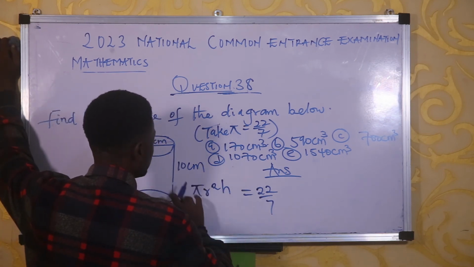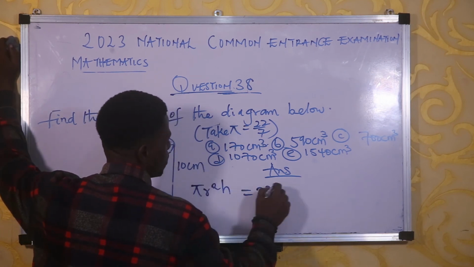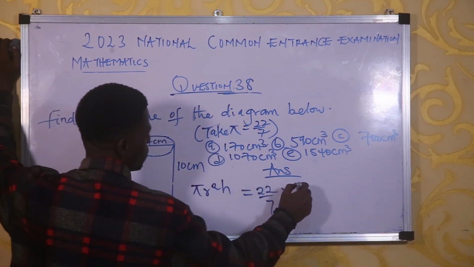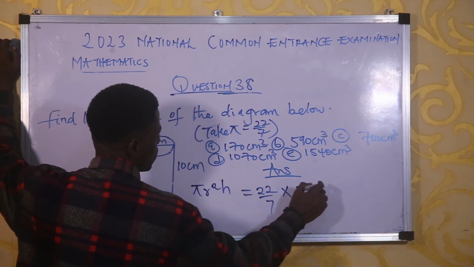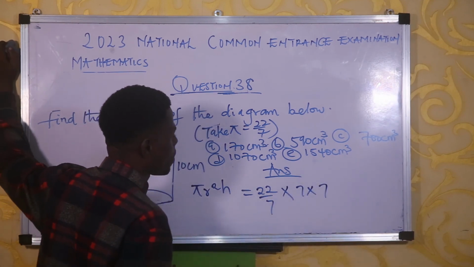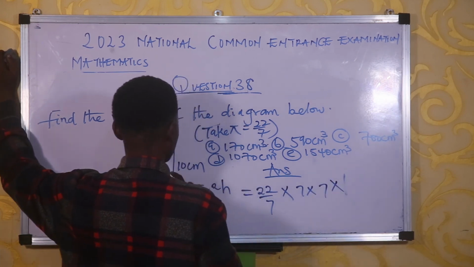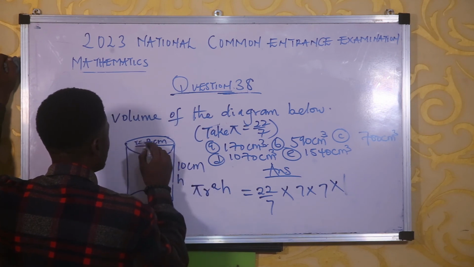Because the volume of the cylinder is pi times the radius squared times the height. Our radius is 7 centimeters, so 7 squared is 7 times 7. Then our height is 10. Don't forget, this is our height, which is 10, and this is our radius.